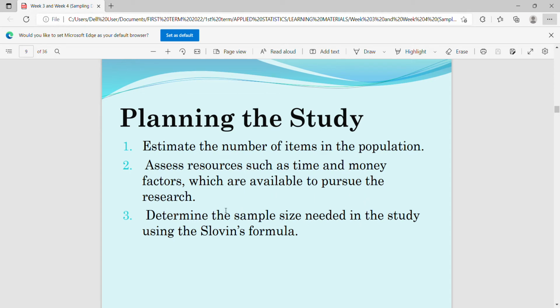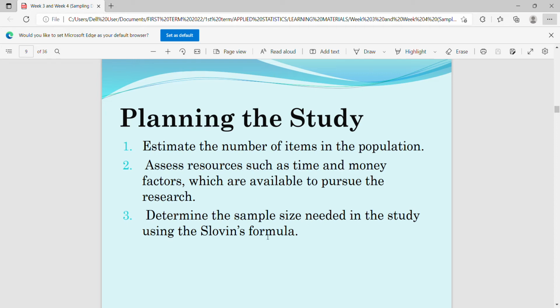Okay, so this is one of the important things in planning the study because it is very hard if you are going to conduct the study but you don't have the resources, especially the money factors, because in conducting the research you have to spend in order for your research to be attainable.